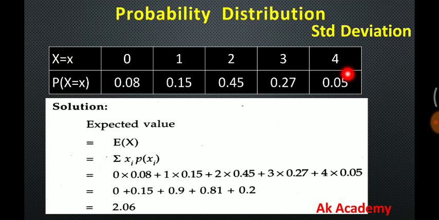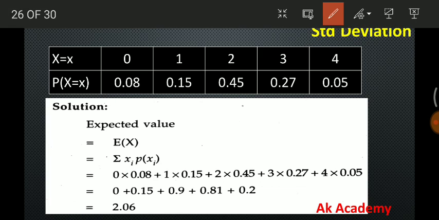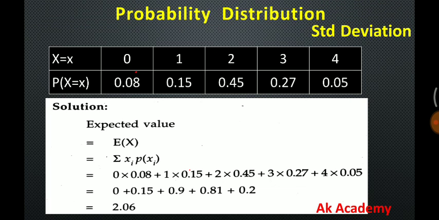I've copied the probability distribution table. Let's move to the solution. First we have to find the expected value, E of x. The formula for E of x is the summation of xi p of xi, that is, pi. Here xi means the value of the random variable x, and pi means the probability at that value of the random variable x.